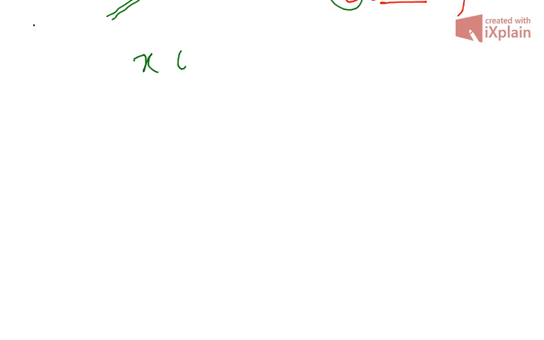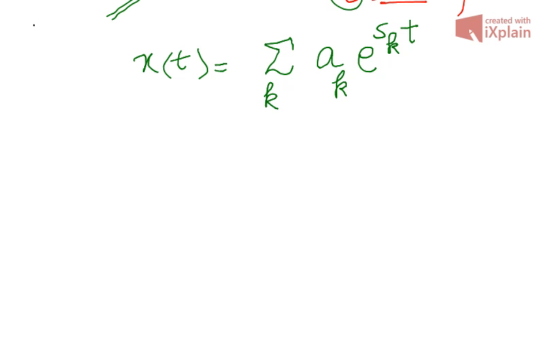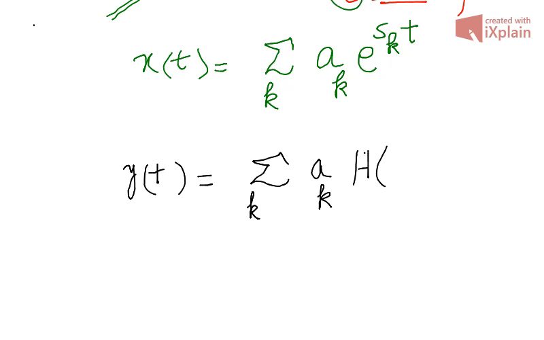If my x of t is the summation over all k, from minus infinity to plus infinity, of a k e raised to the power s k t, then my output would also be in the form of a summation over all k of a k H of s k e raised to the power s sub k t.